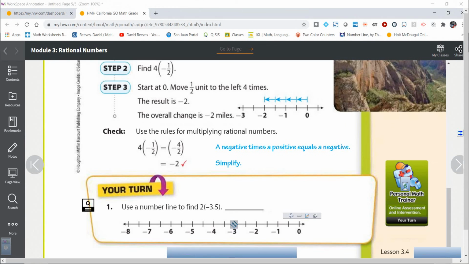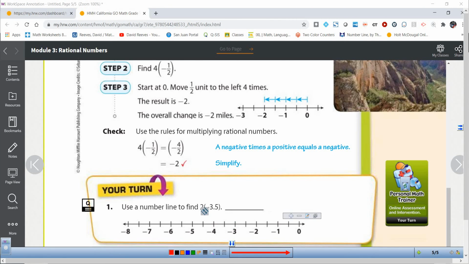So if we were to take a look on this number line right here, 2 times negative 3.5. So we're going to go ahead and start at 0 because we always start at 0. Let me get this out of the way. So there is negative 3.5. So that's 1 negative 3.5. Sorry, that went a little crooked. And then 2 negative 3.5s is going to put me at negative 7, right?